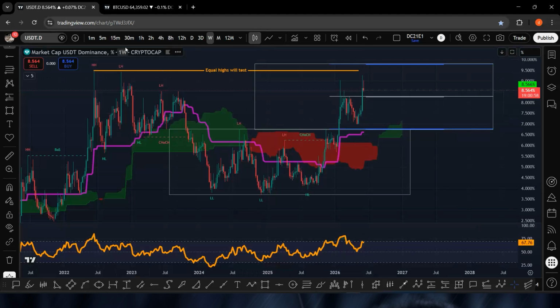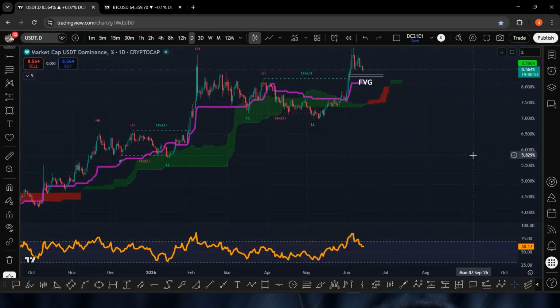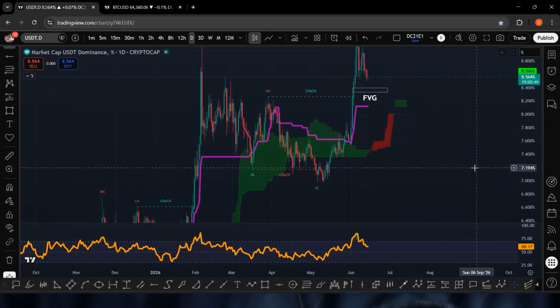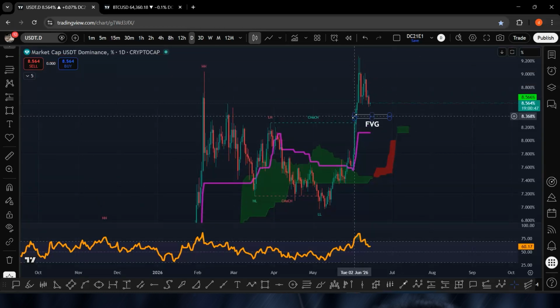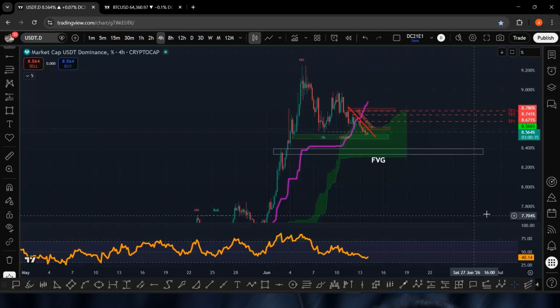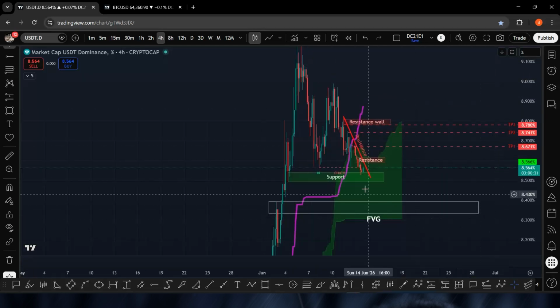Okay, if we go to the lower time frame, you can see that we have an FVG here. This FVG acts like a magnet, and the chart can go down and test these levels. Okay, going into the 4-hour time frame, you can see that clearly we are inside the Kumo cloud.